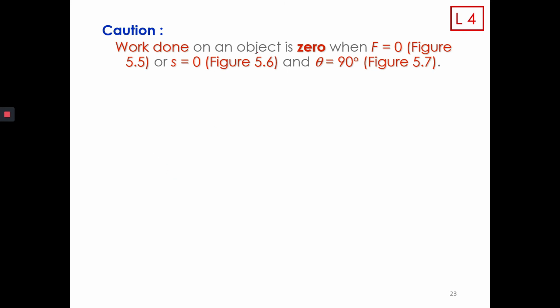Caution: work done on an object is 0 when either F is 0. Remember, W equals F S cos theta. So you have three variables: force, displacement, and angle.